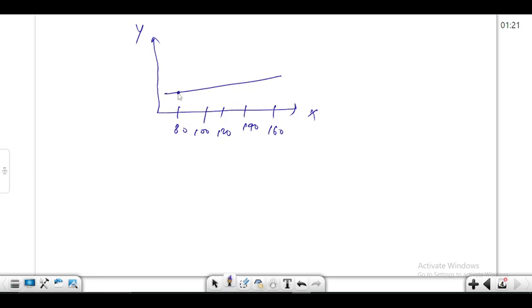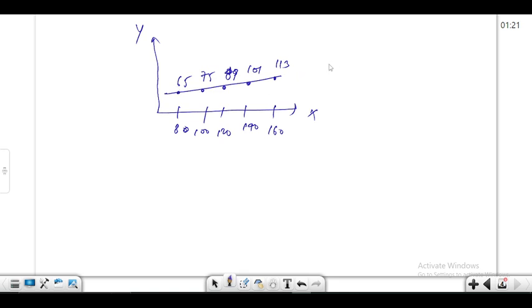If I calculate, the average will come out to be 65 for this one, 77 for this one, 89 for this value, 101 for this, and 113 for this. So corresponding to $80 of weekly family income, the average weekly family consumption is $65. Similarly, for $100, I have $75 of average weekly consumption, and this is how this line goes.